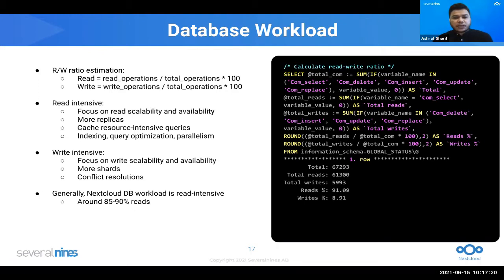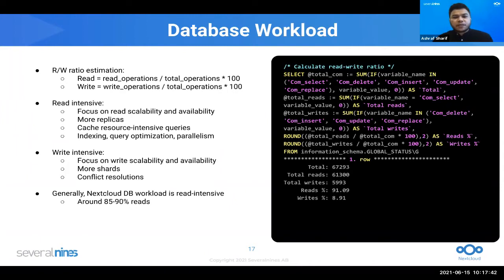On the right side, you can see an SQL example that we can use to measure the read-write ratio. But this is only accurate since the last MariaDB restart, so the result is relative to the uptime. If you have a higher MariaDB uptime, the result will be much more accurate.